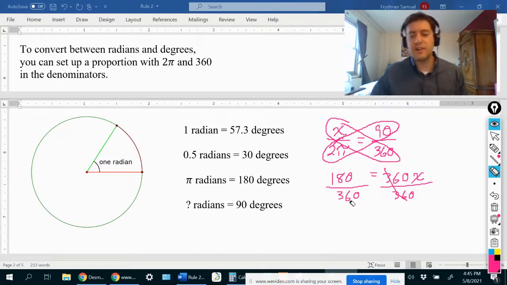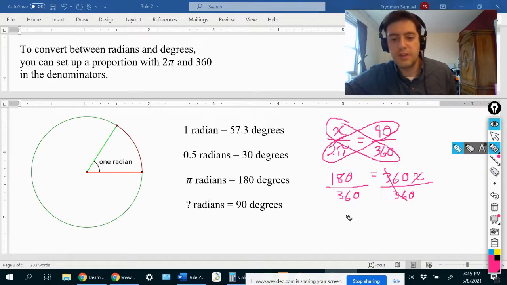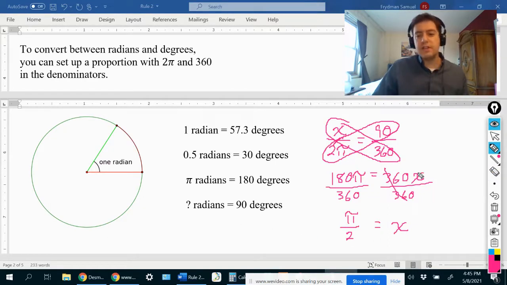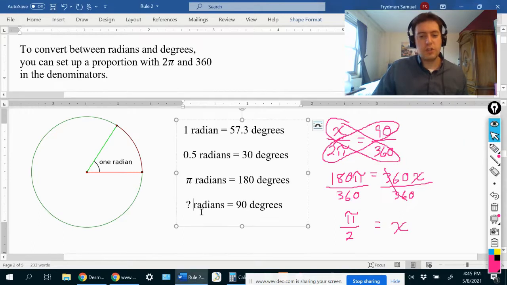So I can simplify this fraction to be just 1 over 2. But don't forget the pi was there, right? So this is actually 1 pi, which is just the same as pi. So actually I don't need the 1, and I can rewrite this again as simply pi over 2. So 90 degrees is equal to pi over 2 radians.